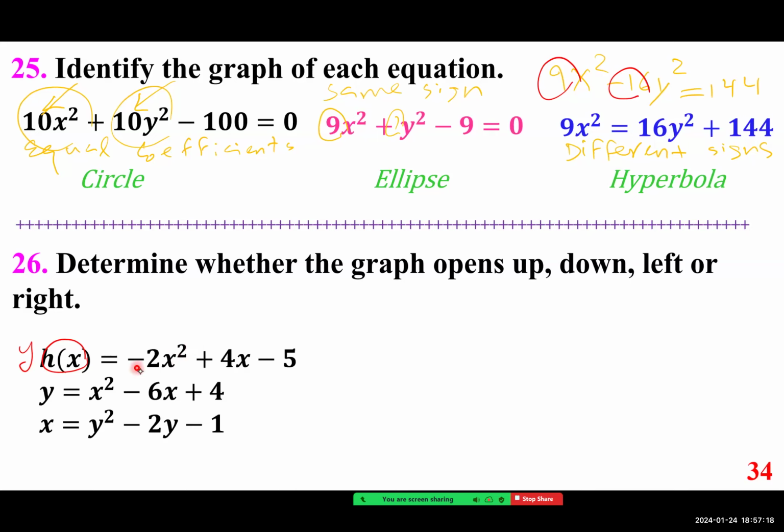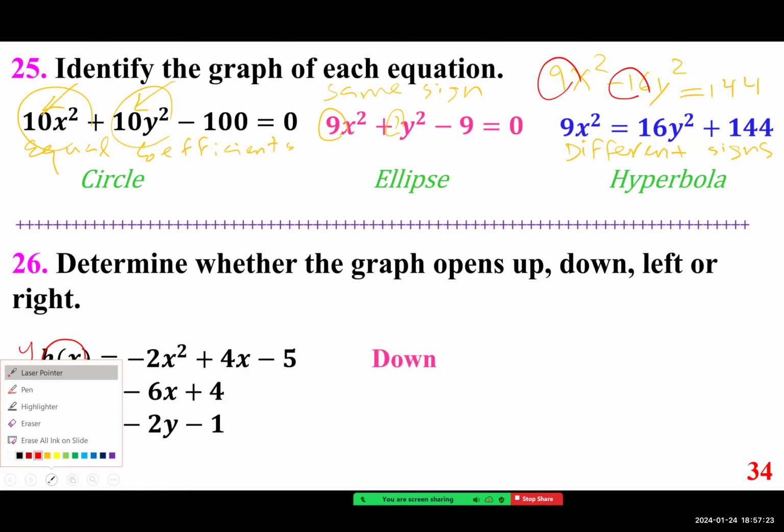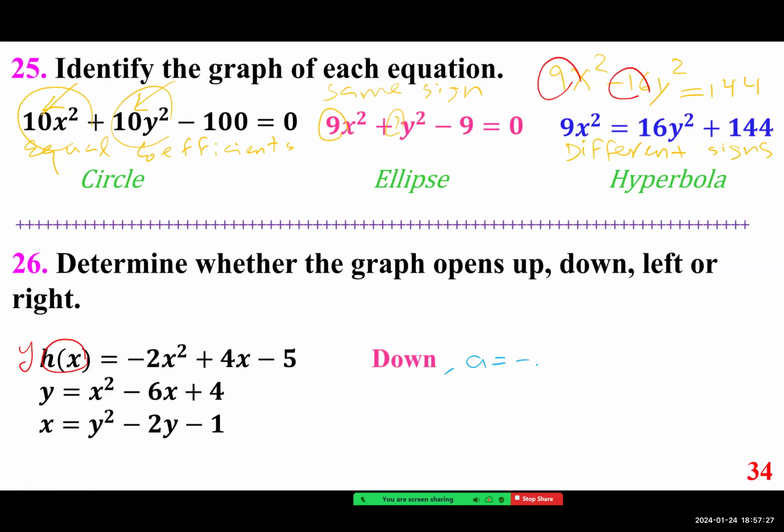Because a is negative, it opens down. This one opens up because a is 1 and it's positive, and we have x squared.